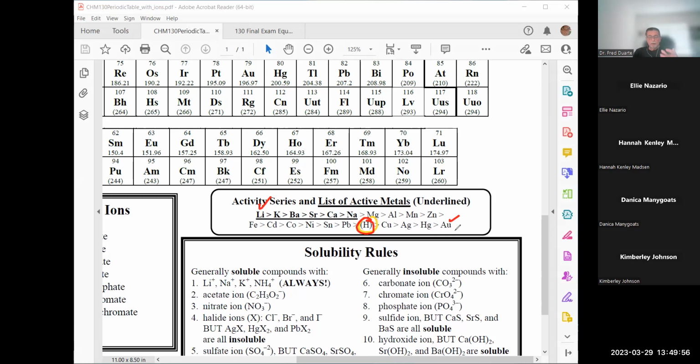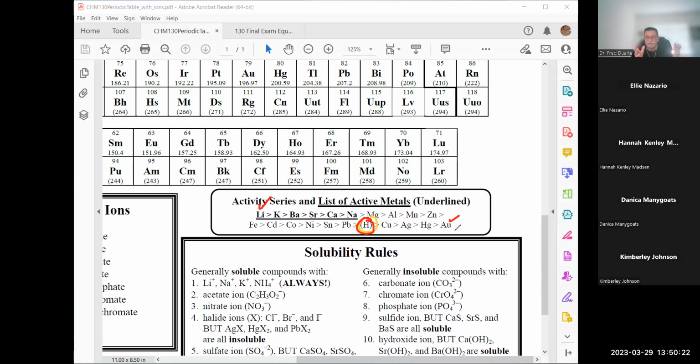Yes, you can get gold to react, but it takes very vigorous, harsh conditions. Gold is called the noble metal because it's so unreactive. In fact, gold is so unreactive that it doesn't tarnish or change color after it's been buried for thousands of years underground.